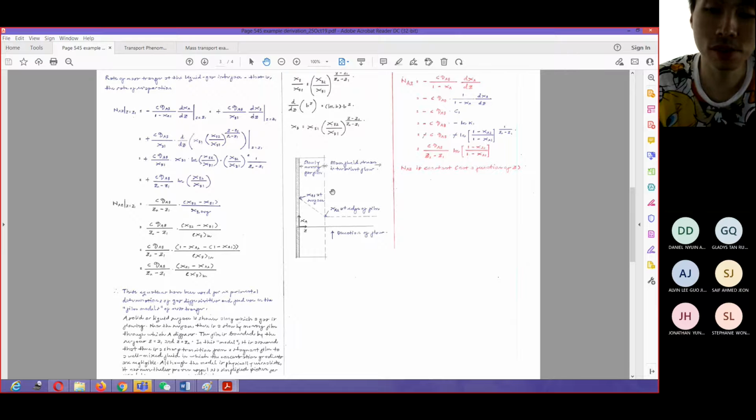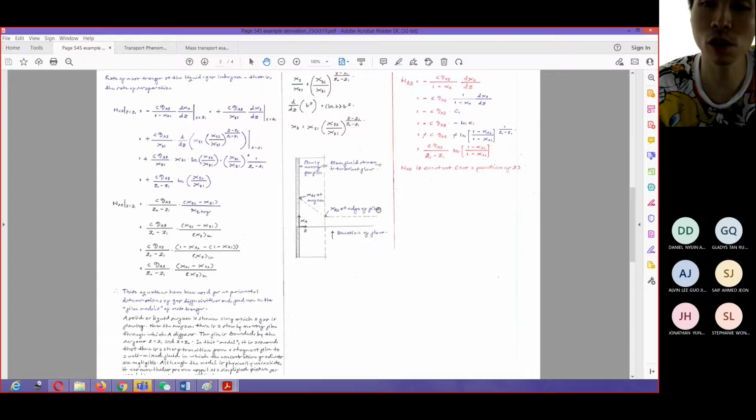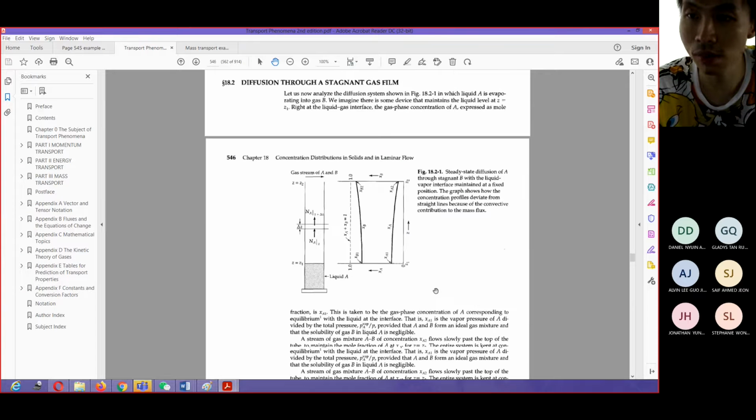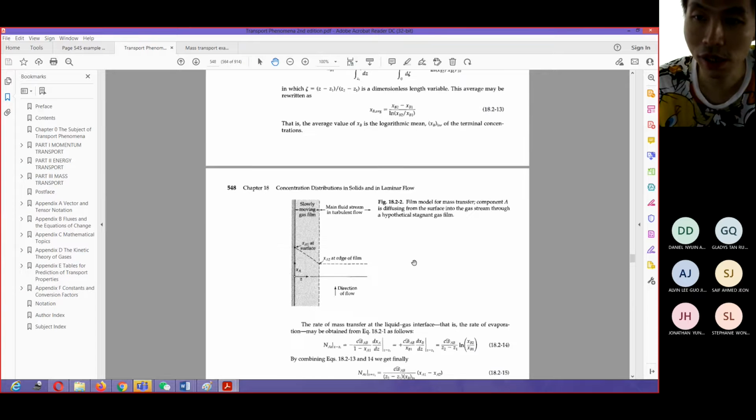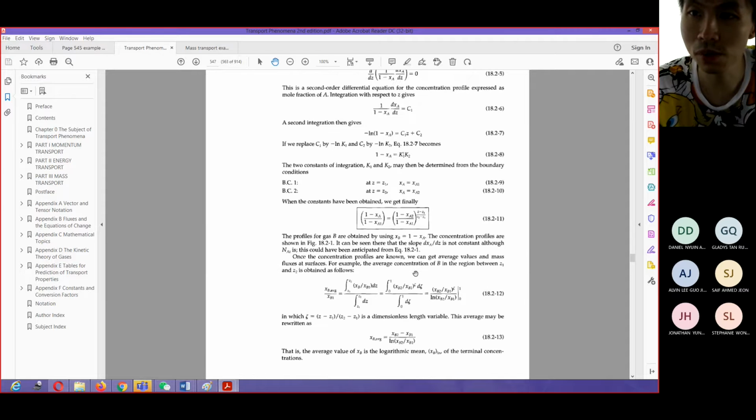Okay, although this model is physically unrealistic, it is a good framework for us to tackle when we have a diffusion problem. It has been used a lot. If you want to see it, the explanation is given in this book.